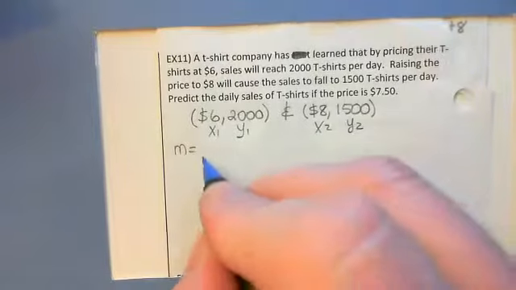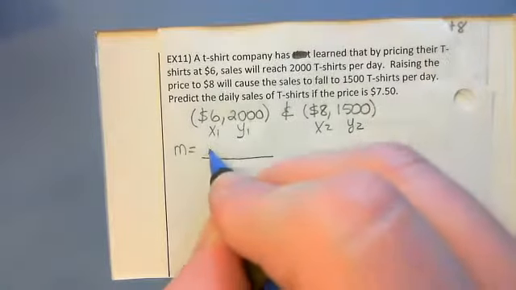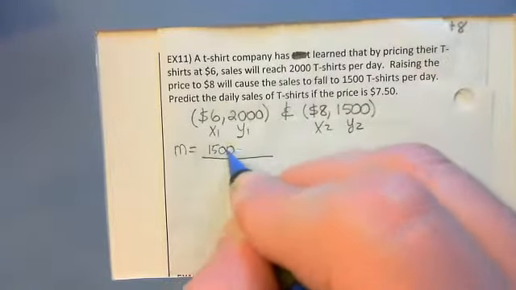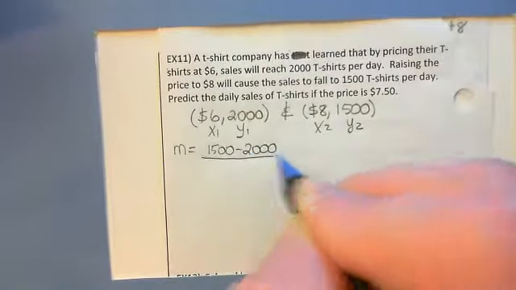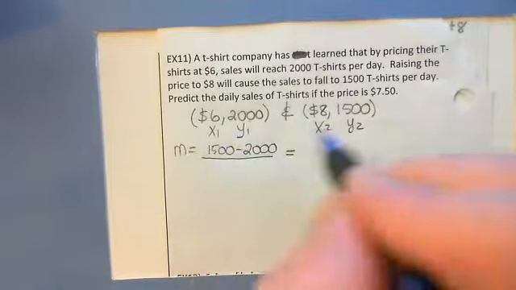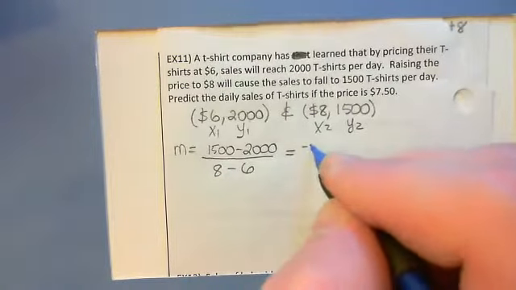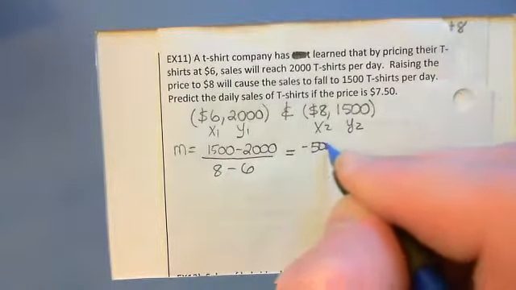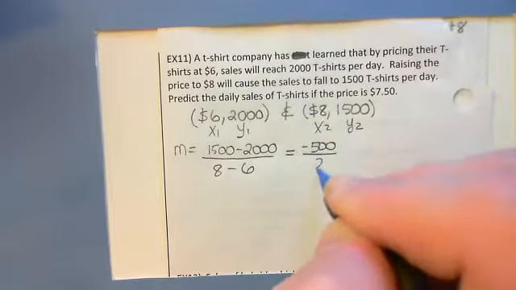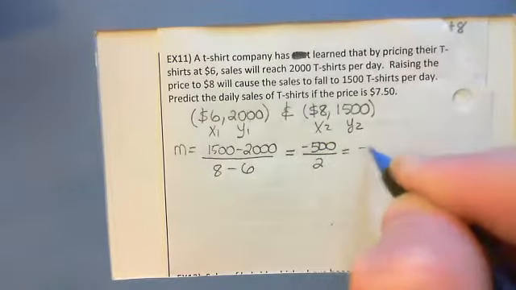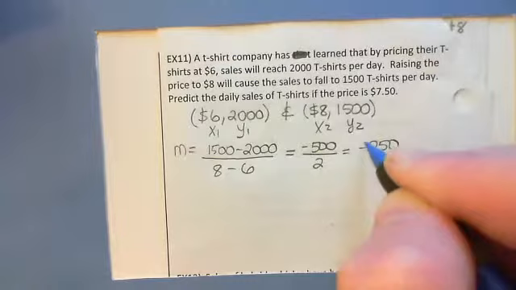So this would be 1,500 minus 2,000 and 8 minus 6. So this would be negative 500 over 2. So this would be negative 250.